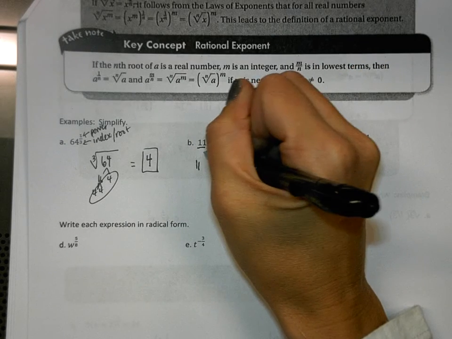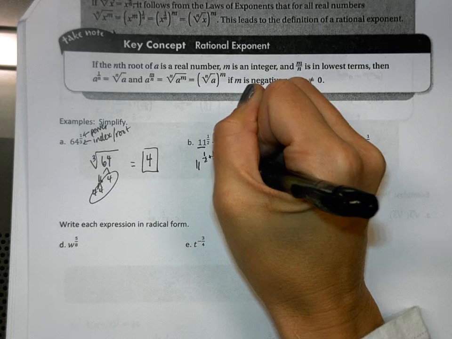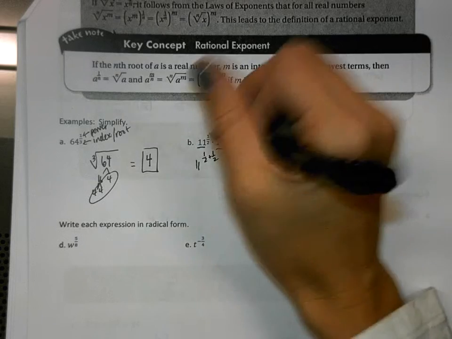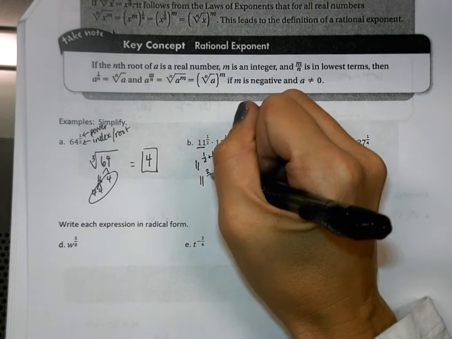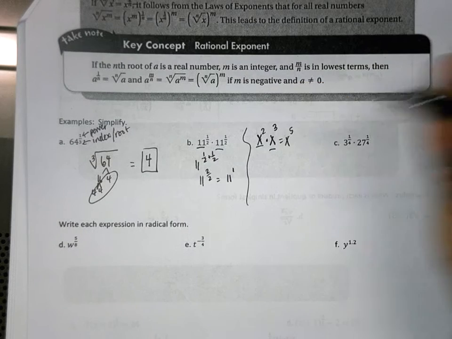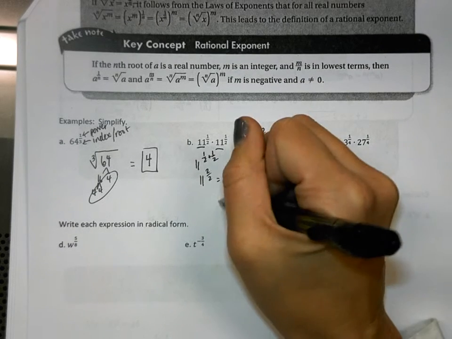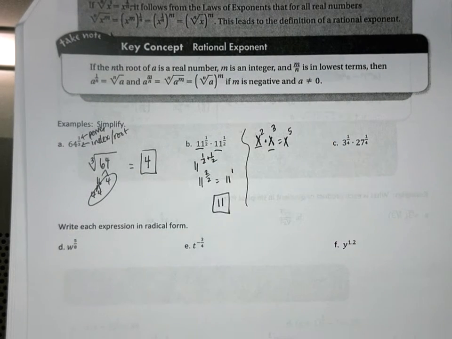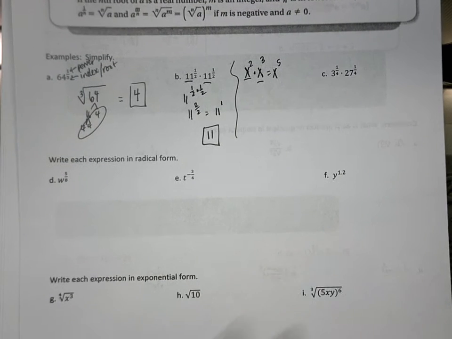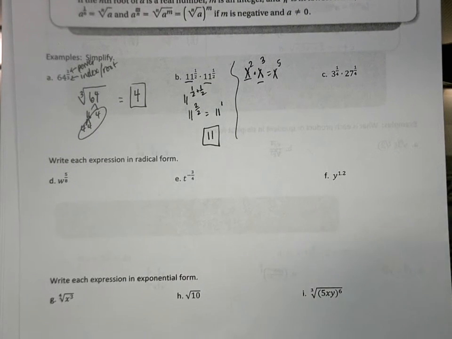So we're going to go 1/2 plus 1/2. And what's 1/2 plus 1/2? It is 2 over 2, which reduces to 1. And 11 to the first power is really just 11. I showed a lot of work there, but I like to show more work in notes so when we look back, we know what's happening.